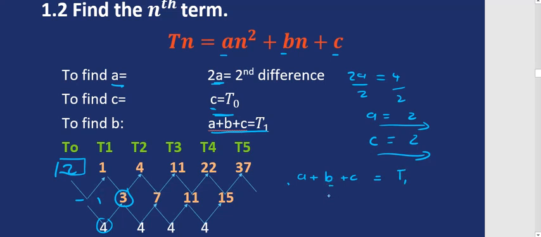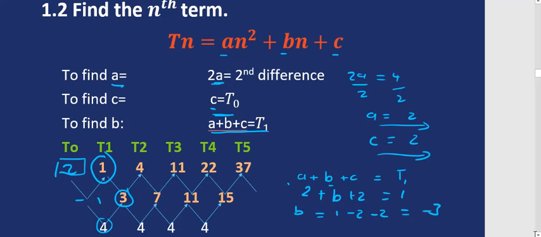So I repeat, when you are working out the quadratic pattern formula, always start with A and C, and of course you will use A and C to work out B. The value of A we worked out was 2. B is what we're looking for. C is also 2, and T1 is 1. So if we solve this, it will be 1 minus 2 minus 2, which is negative 3.